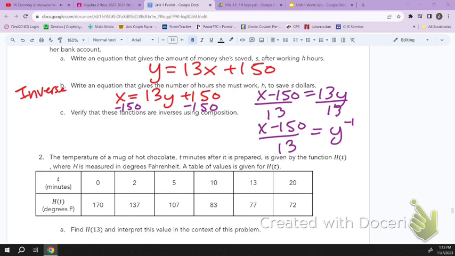Part C says verify that these functions are inverses using composition. Oh man. So I'm going to take my original function and I'm going to input it in for my input.